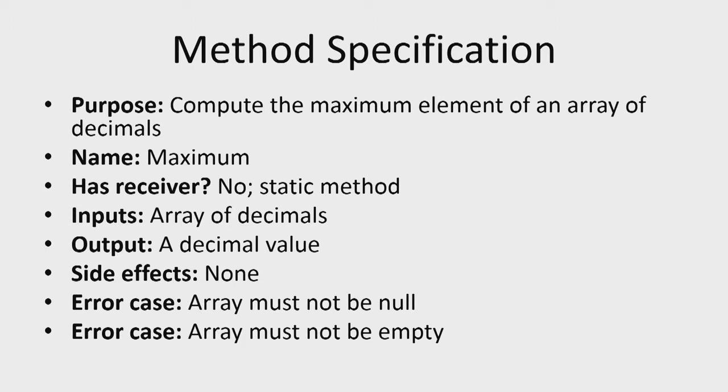What kind of stuff did I not put in this specification? Well, you notice I didn't put in any implementation details. I didn't say the spec requires that the maximum method use a while loop, or a for loop, or any other technology. The method specification should tell you what the method does, what goes in, what comes out, what the special cases are that we have to consider, and what happens with those special cases.